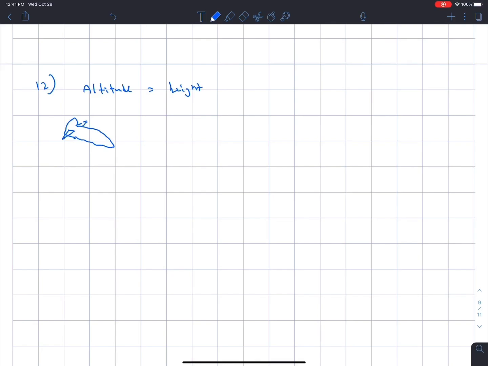Okay, this is the plane and it's trying to land, right? So this would be like the airport. If the plane took 16 minutes to land, at what height was the plane when it first started descent? So we are trying to figure out this height here.